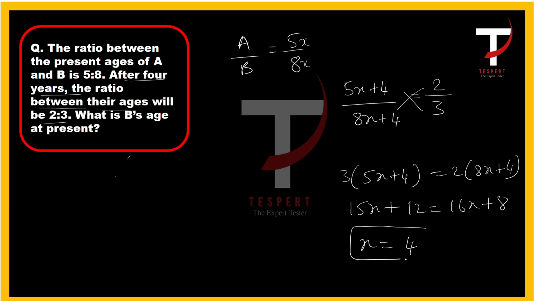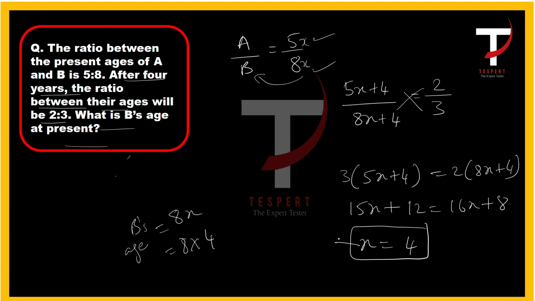So here x is equal to 4, but we are asked to find the present age of B. The ratio is 5x and 8x, so 8x is B's age. 8 into 4, we got 24 years is the age of B.